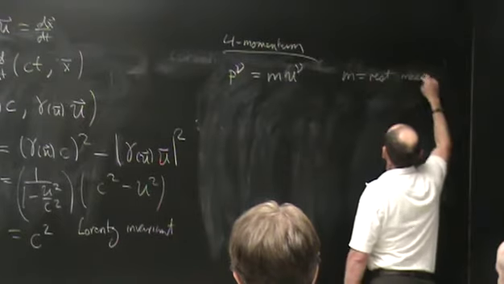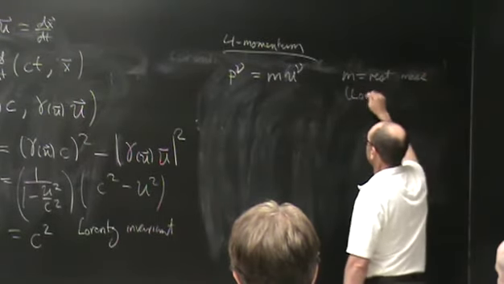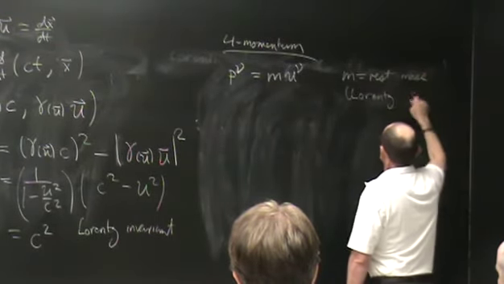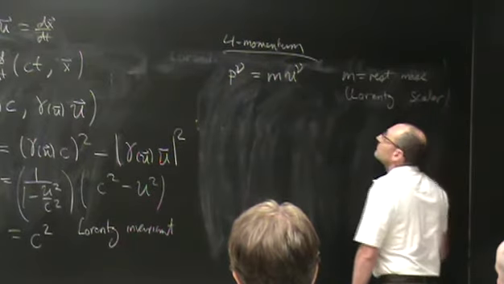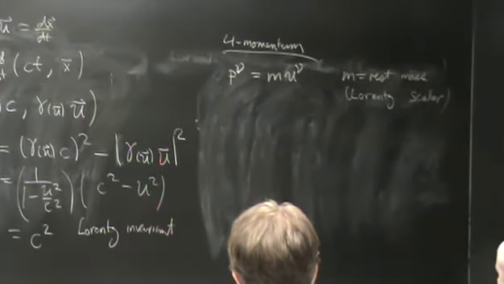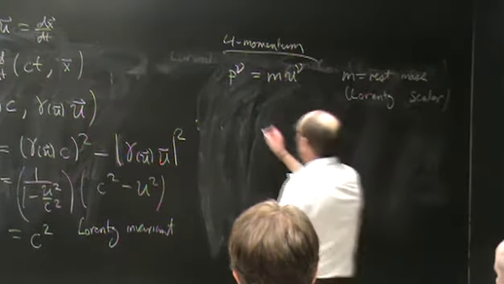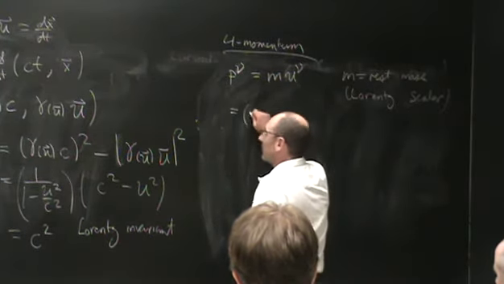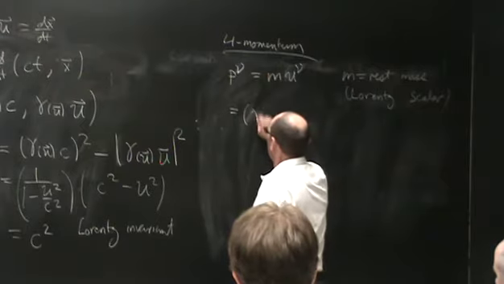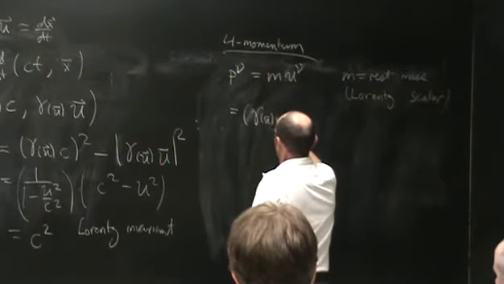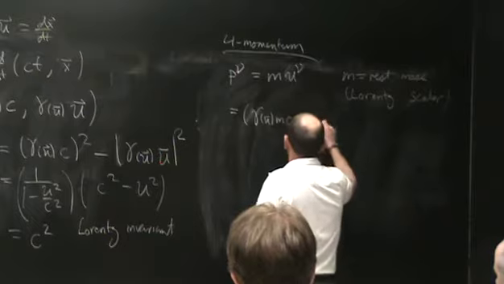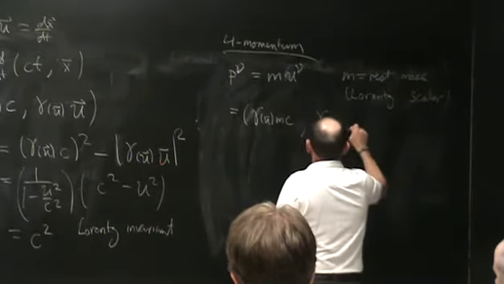And the rest mass is just a number, it's a Lorentz scalar. Thus, P nu is a four vector. And that equals m gamma (c, u).